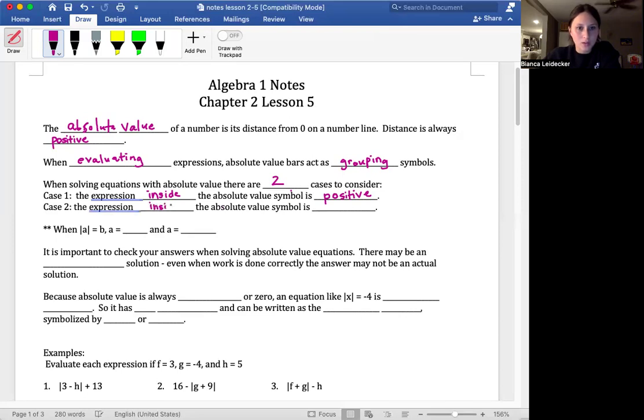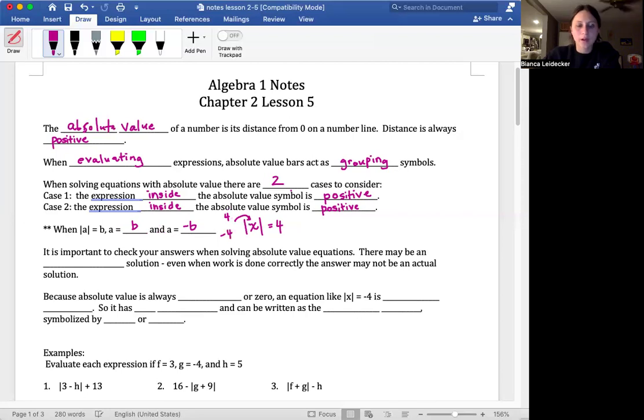So you really have to think through, if what's inside the absolute value is a variable, if A equals B, then the value of A could be either positive B or negative B. Just as if I said the absolute value of X is 4, well, what goes inside this absolute value could be +4 or -4.